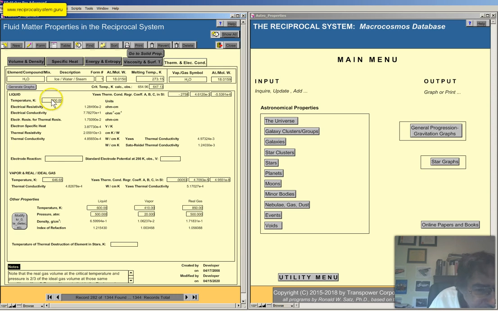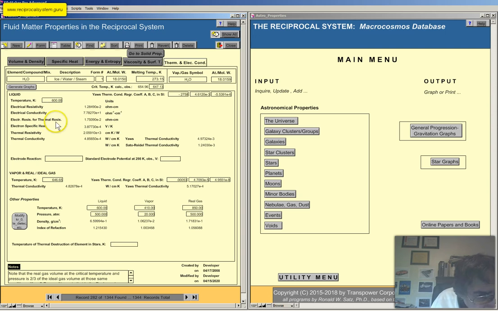Okay, so you input the temperature here. This is in a rectangular box, so you know that's an input. 600 K. All the temperatures that we have in the system are in Kelvin. So calculate electrical resistivity in ohm centimeters here. Electrical conductivity, which is obviously the inverse ohm, inverse centimeter.